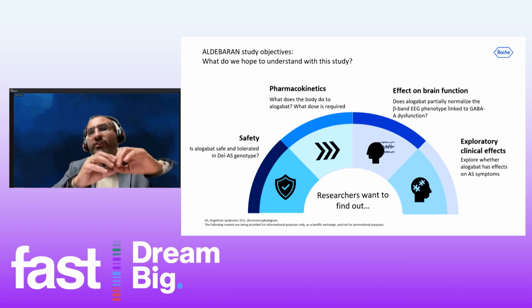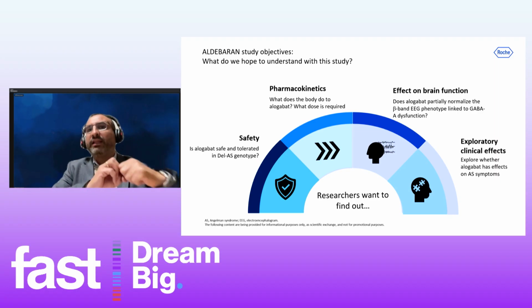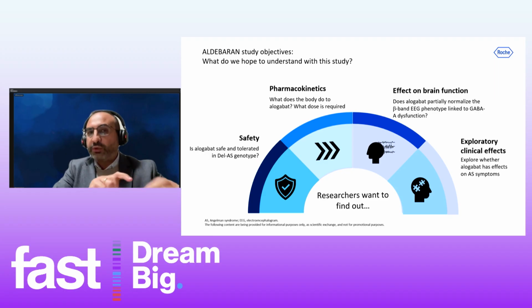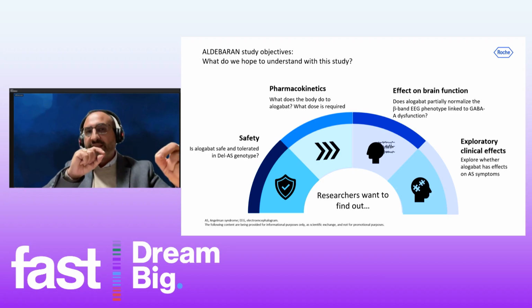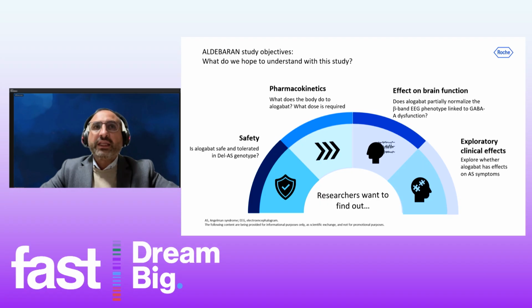As we just mentioned, the EEG beta band and the GABA, it is also important to investigate if Alogabat will enhance the GABA receptor and will have impact on the EEG, specifically the beta band power. And we also check some exploratory clinical effects. Next slide, please.